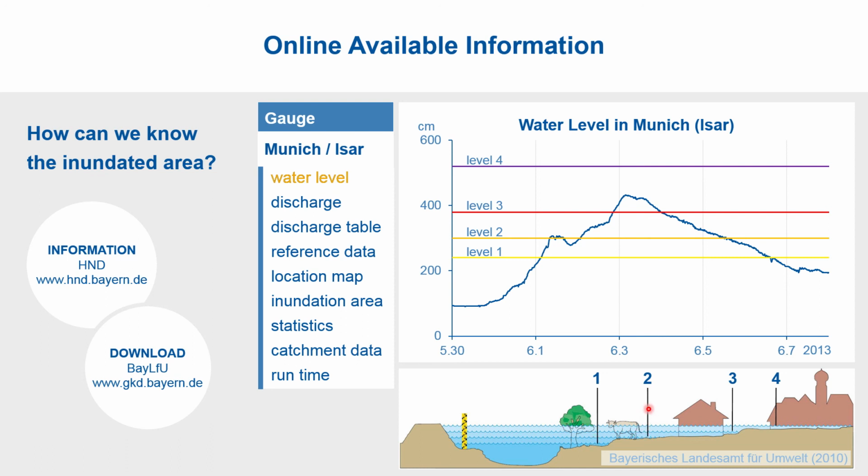Level 2 is more for agricultural areas. At level 3, some houses are already inundated, and 4 is the highest level, where even the church, which is normally on higher ground, is inundated. These levels are individually fixed for each gauge, and so the people have information. What is an incoming flood wave? You have a forecast here, also with an uncertainty given in this information basis, and then you can see, okay, do I have to prepare something or not?